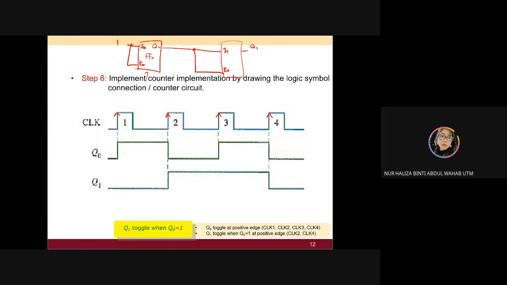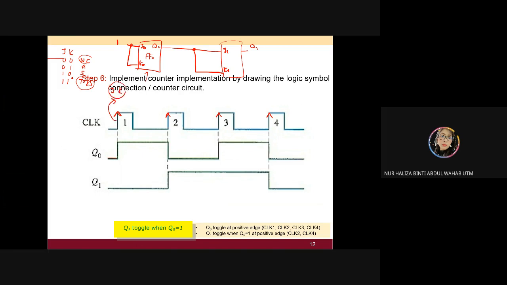And assume it's going to start at 0 and lower. When you have the JK flip-flop: 0, 0, no change; 0, 1, reset; 1, 0, set; 1, 1, toggle. You remember this, right? When you meet the positive clock, then you're going to refer to your JK value, isn't it?